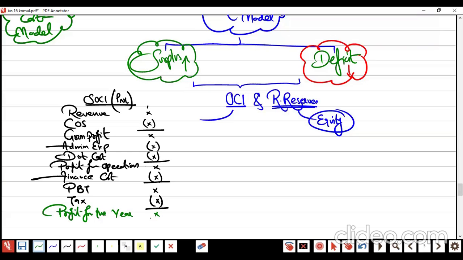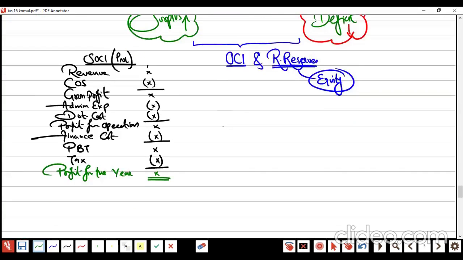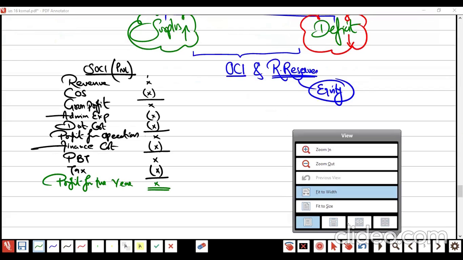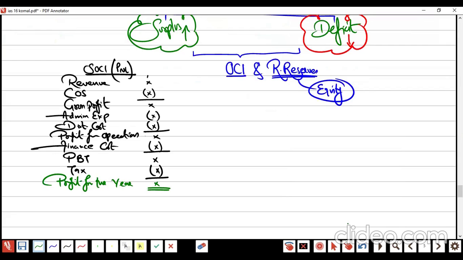Am I right? This is a statement of comprehensive income. Revaluation is not going to be part of this format. Got my point? Okay.